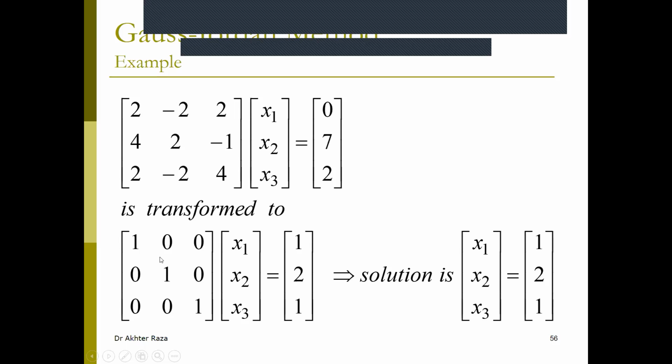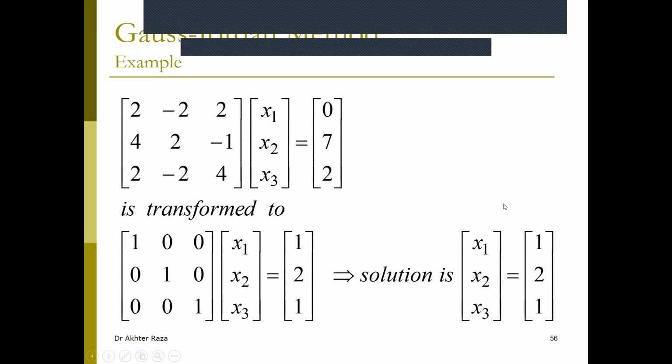After making it completely identity by row operations, we have the final answer. So there is no need for backward substitution in the Gauss-Jordan method. Why? Because we will have the direct value of x3. Direct value of x3 is 1, x2 is 2, and x1 is 1, because these elements are 0.